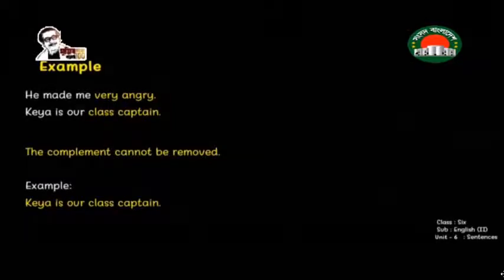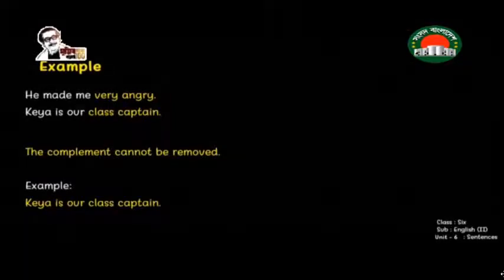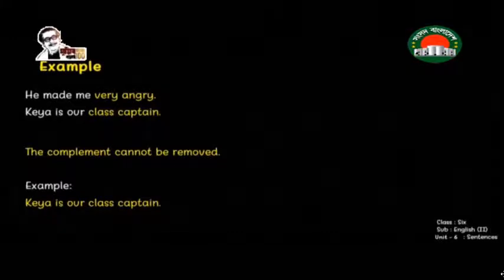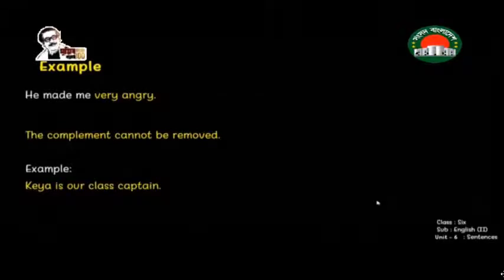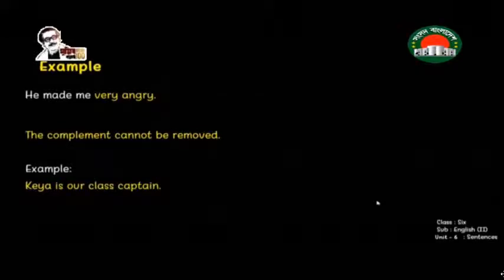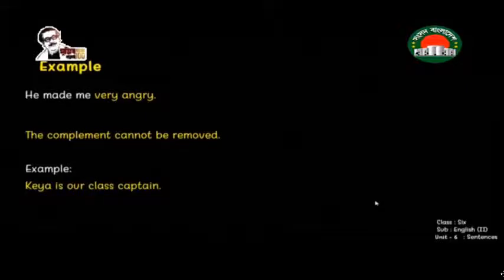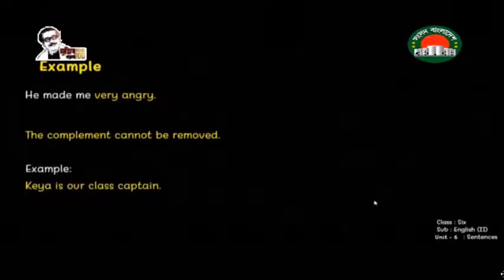So this is not a complete sentence. This type of complement is called an objective complement. So the rule is very simple. The complement cannot be removed. If we take away the complement, the remaining part doesn't make a good or complete English sentence. For example, Kaya is our class captain.